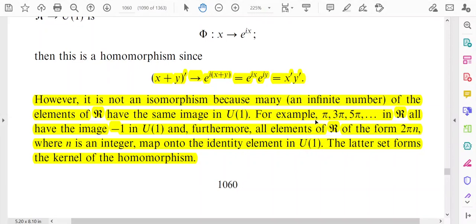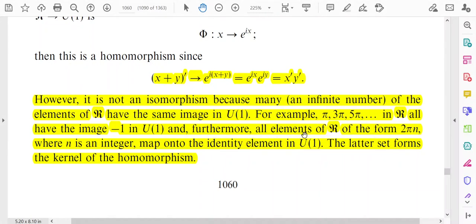So in the group R, pi, 3 pi, 5 pi are different elements, but the same image is -1 in the group U1.